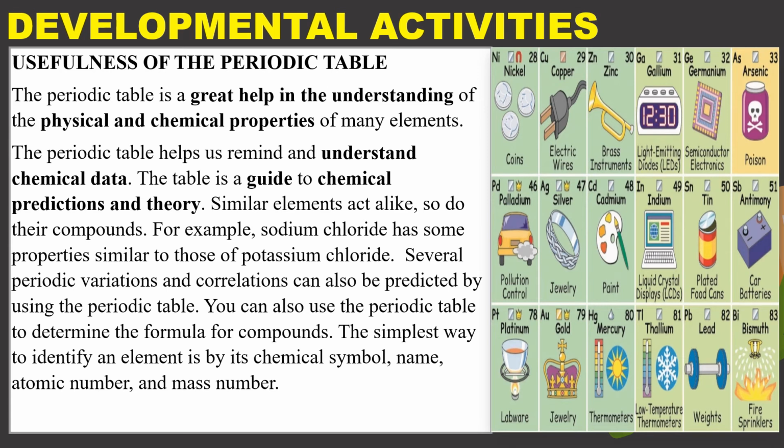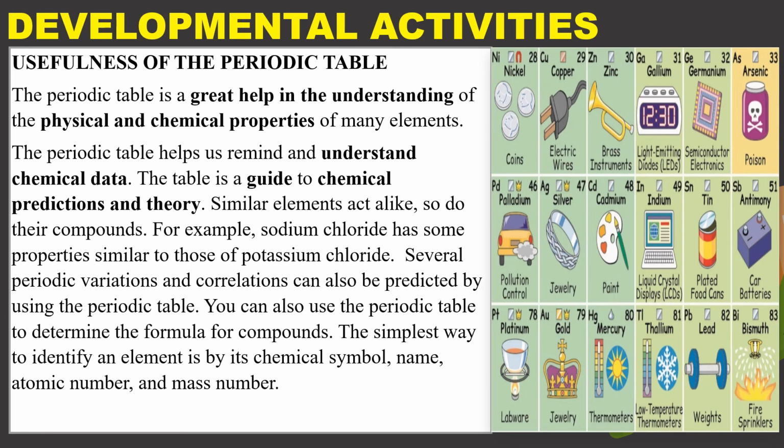Similar elements act alike, and so do their compounds. For example, sodium chloride has some properties similar to those of potassium chloride. Several periodic variations and correlations can also be predicted by using the periodic table. You can also use the periodic table to determine the formula for compounds.